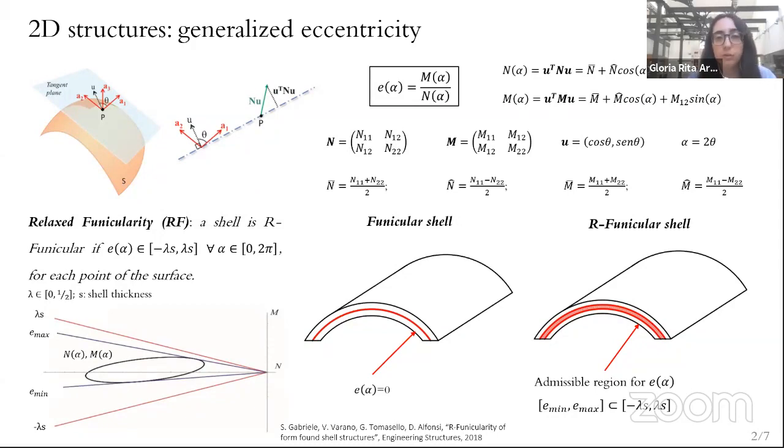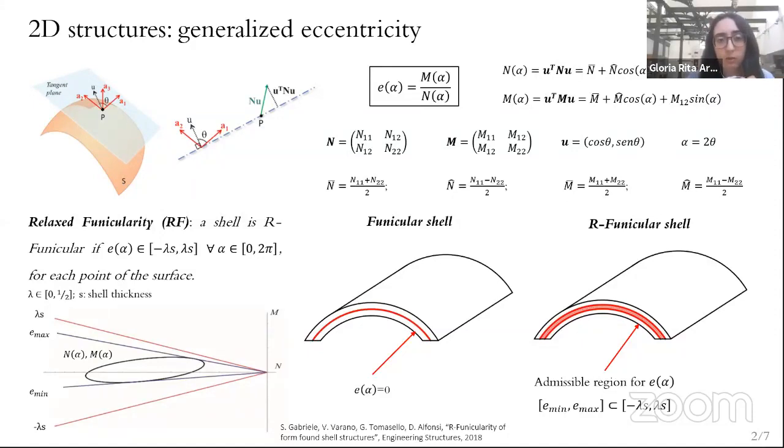Some of the authors used this definition to define a relaxed form of funicularity, that is relaxed funicularity, and this asserted that a shell can be considered R-funicular if the generalized eccentricity belongs to an admissible range that can be decided and defined by the designer. And so in this case, the structure can be considered R-funicular.